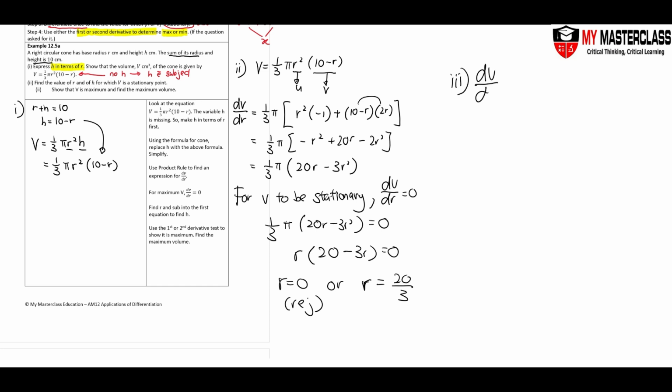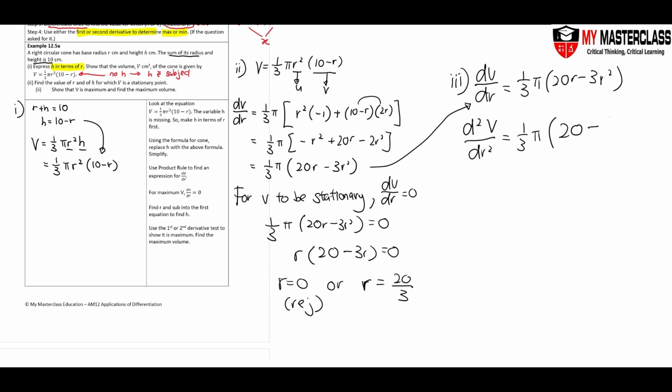So what is dV/dr? That's why it is good to make your dV/dr nice: 1/3 pi (20r minus 3r square). What is the second derivative? d2V over dr square is equal to 1/3 pi, leave it on the outside, and differentiate the inside: 20 minus 6r.